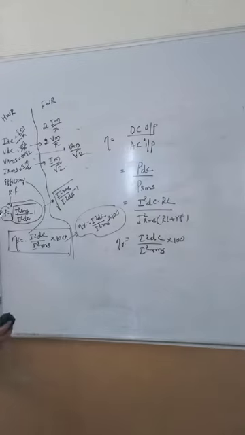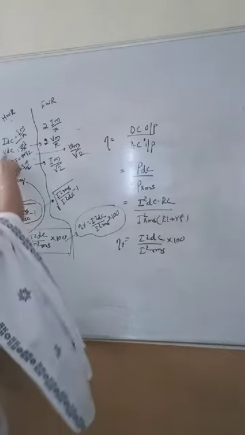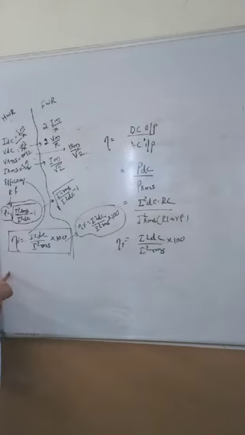Then ripple factor and efficiency, these you are writing in terms of current and resistor, the DC current and the AC current, or DC power or the AC power. Power even if you take, you will come back to the resistance and the current only. P is equal to I square R. Everything you are writing in terms of IDC, IRMS, VDC, VRMS. Now, you may be asked to derive these equations.